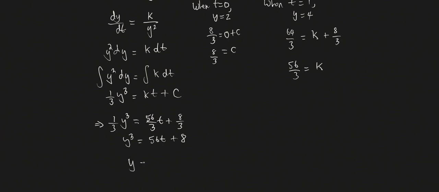So we have that y is, you can either write it like this, the cube root of 56t plus 8, or if you wanted to, you could use the fractional exponent 1/3. So 56t plus 8 all to the 1/3 power. Right, and there you have it. So this is our solution.